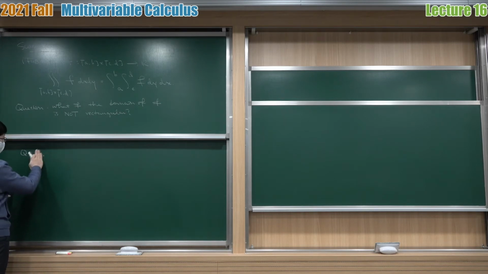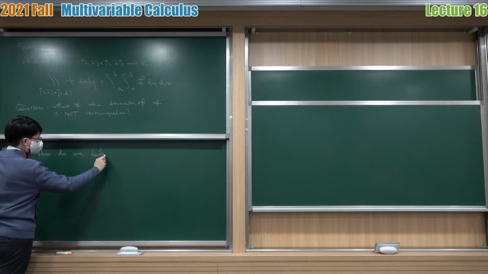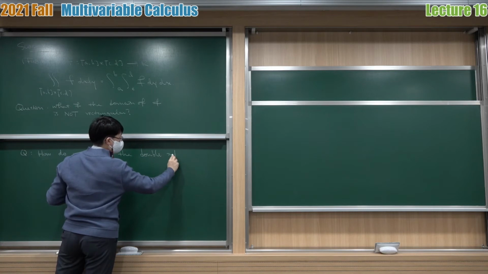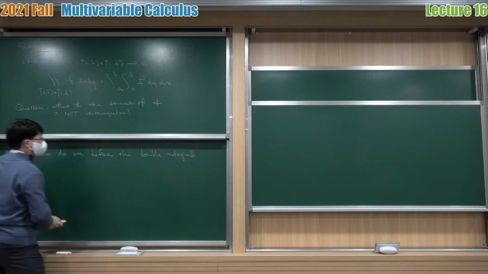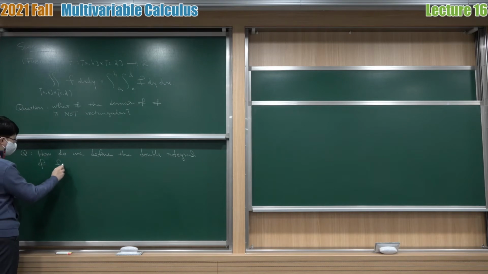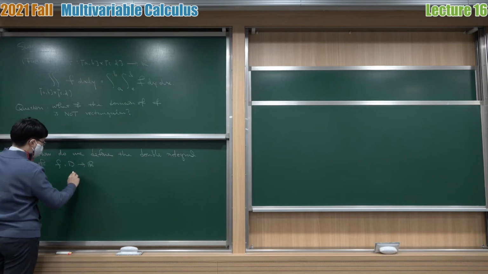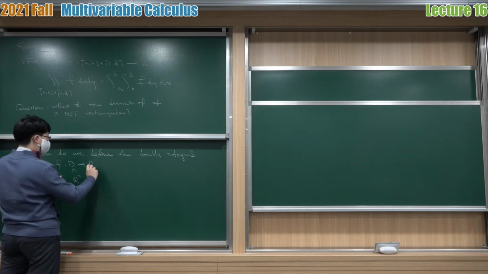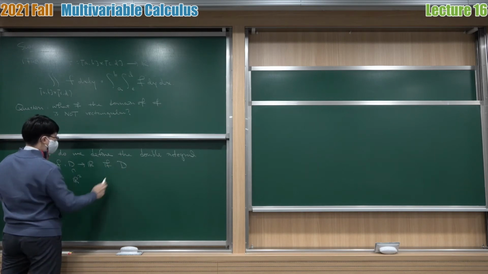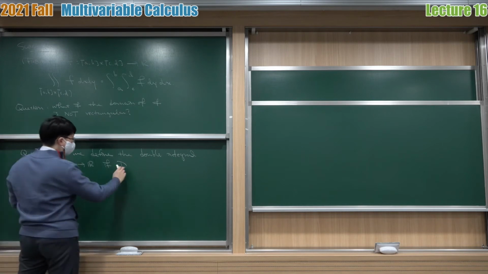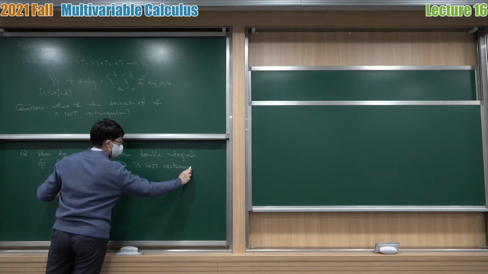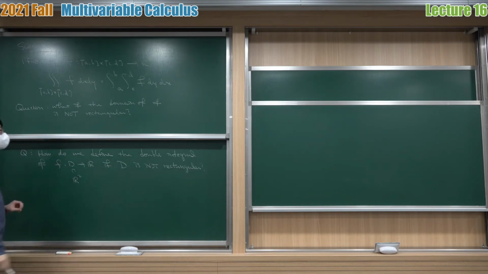So how do we define the double integral of a function where this D is the domain of the function, but it's a general set, and this D is not rectangular? That's the first question.